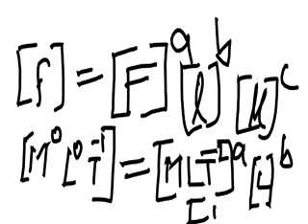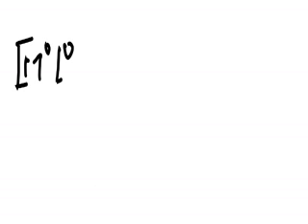In the next slide I will do. This is M L to the power minus 1 to the power C. First, M to the power 0, L to the power 0, T to the power minus 1.